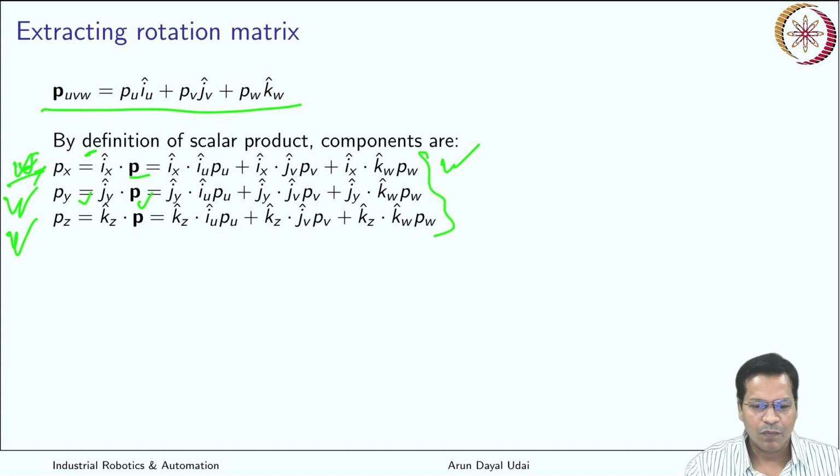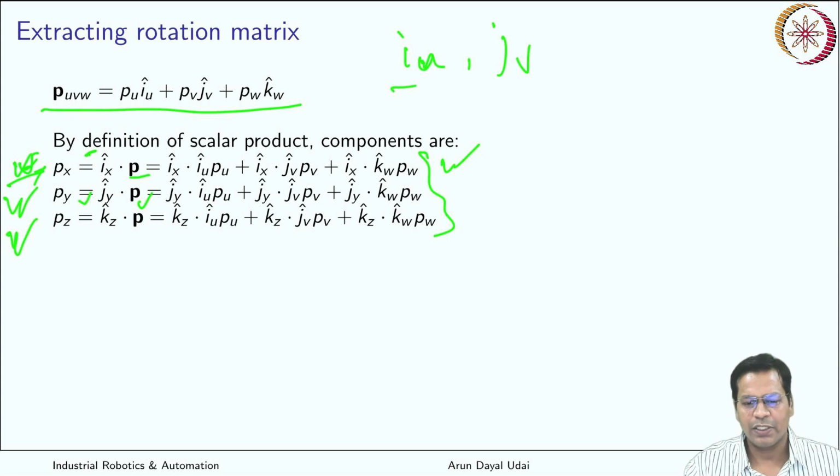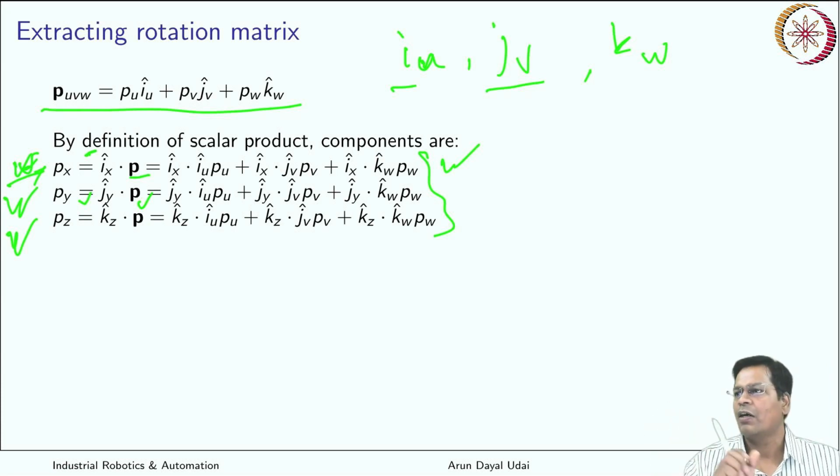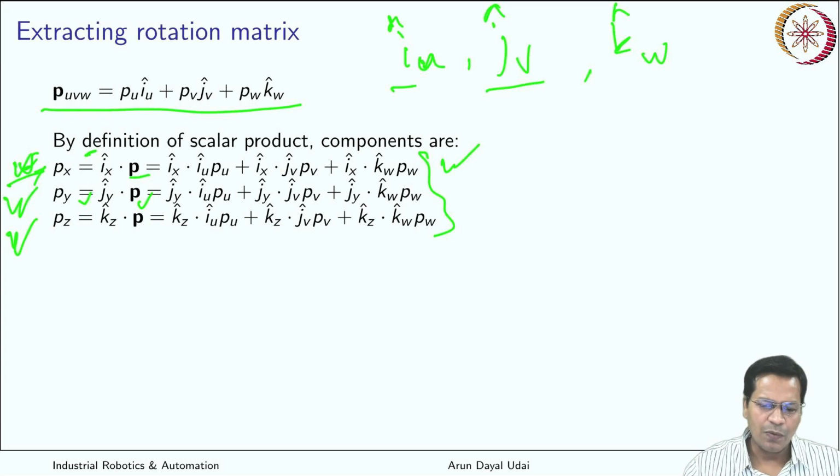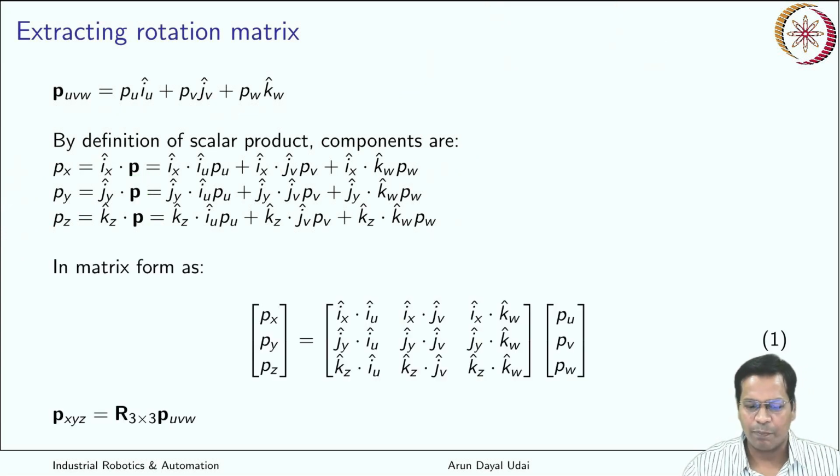What were iu, jv and kw? These were the unit vectors along the UVW axes in the object frame. Now let us write this in compact notation.